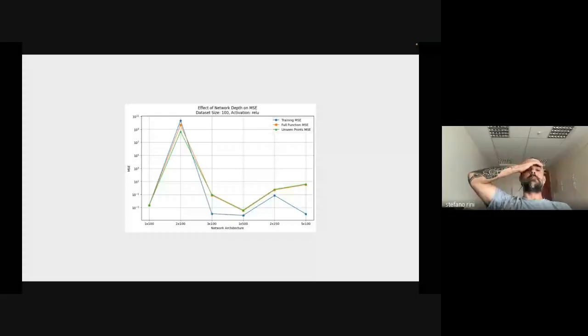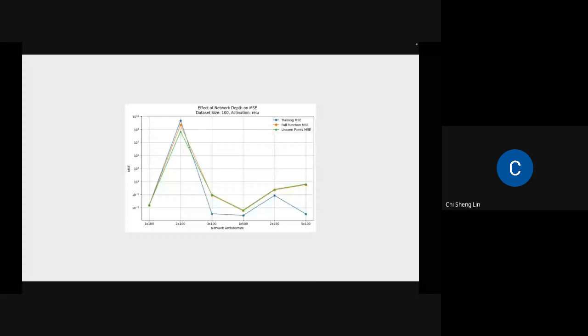Got it. So in this experiment, we use a data size of 100, and the activation function is ReLU. For the single layer neural network, the 100-neuron one, the first one, I think it achieves the best generalization. The MSE on unseen points is only 0.0022.